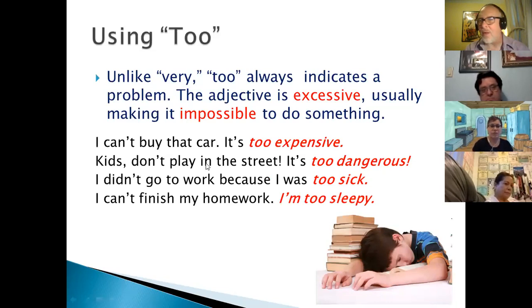The problem, you might get hurt in the street. The problem, I didn't go to work. The problem, I can't finish my homework. Too means there's a problem. Very doesn't mean that. Very just means more than usual. So if a car is very expensive, maybe I will buy it, maybe not. If a car is too expensive, I won't buy it.